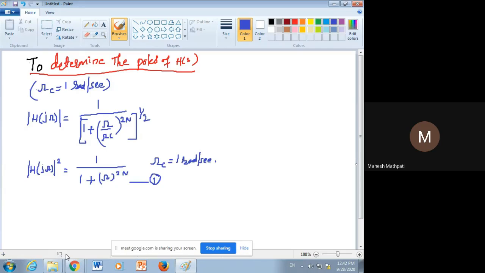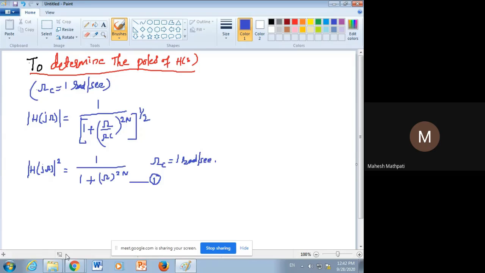Now, let us derive the transfer function of a stable filter.